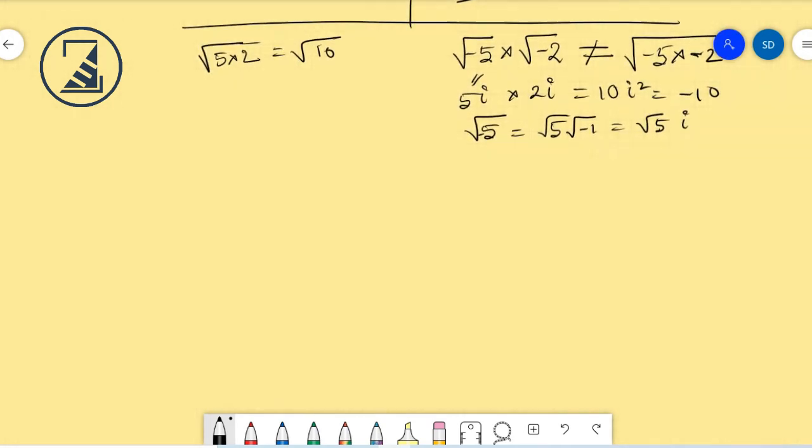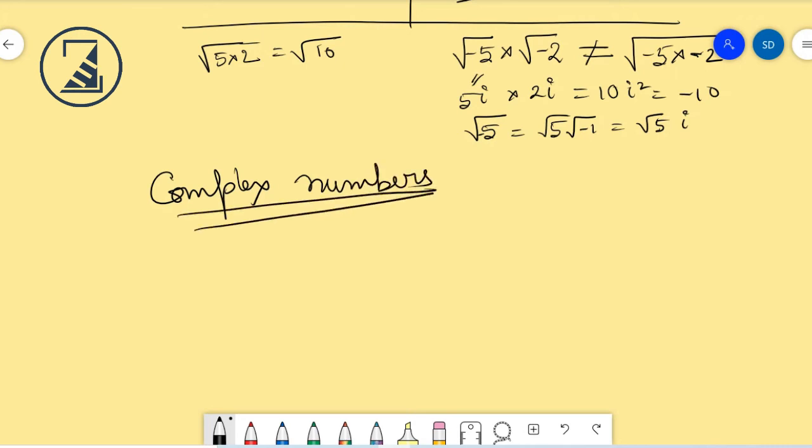Now we have already introduced the concept of imaginary numbers. Imaginary numbers are numbers which lie on the imaginary axis, and this axis is perpendicular to the real axis, or the real number line. And now we will define complex numbers.